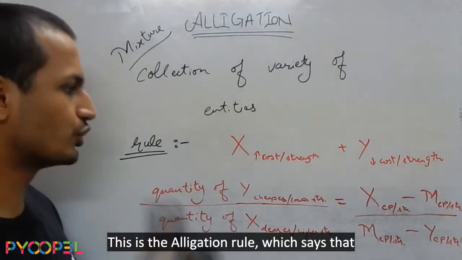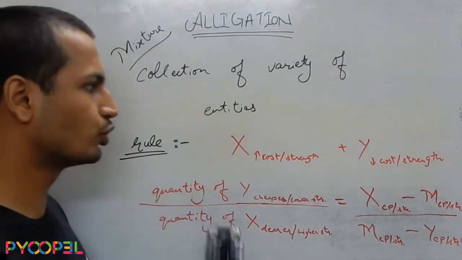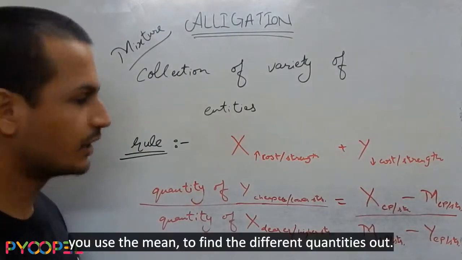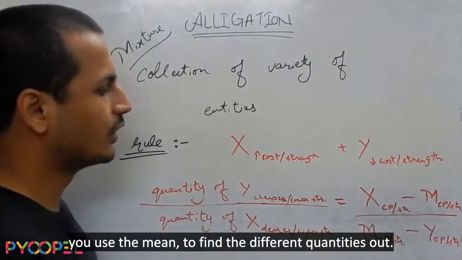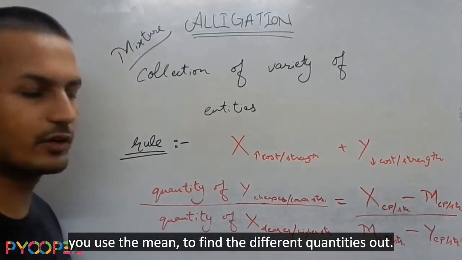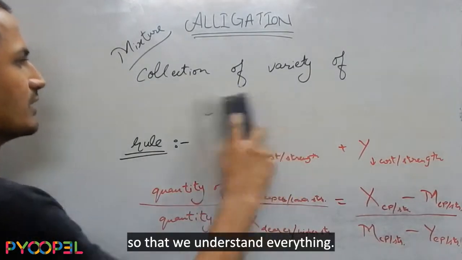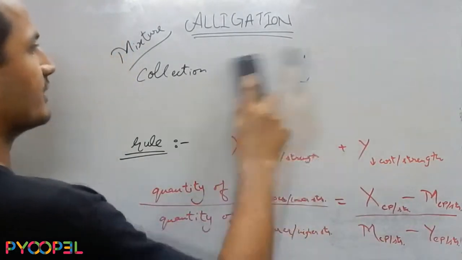This is the alligation rule, which says that when you want to know the quantities of the different ingredients in the mixture, you use the mean to find the different quantities out. This is the rule. Let's apply this in a question so that we understand everything.